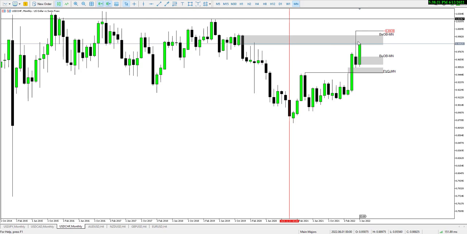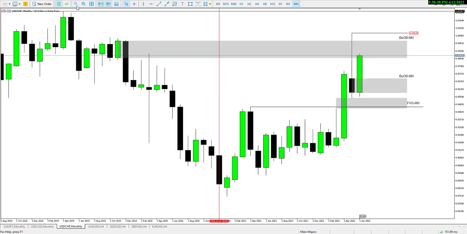We expect USDCHF to create a new high and most probably target these old term highs, right? 2019 high, 2017 high, and 2015 high. I'm anticipating market to trade above those levels.